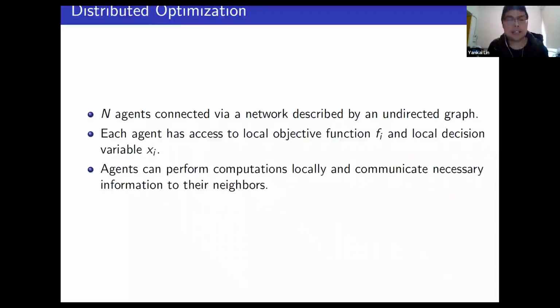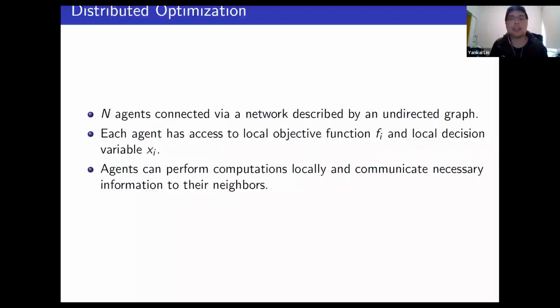And what we mean by distributed optimization. Since we have a sum of n functions, we're going to employ n agents connected via a network described by an undirected graph. So this means that if agent i can talk to agent j, then agent j can also talk to agent i.